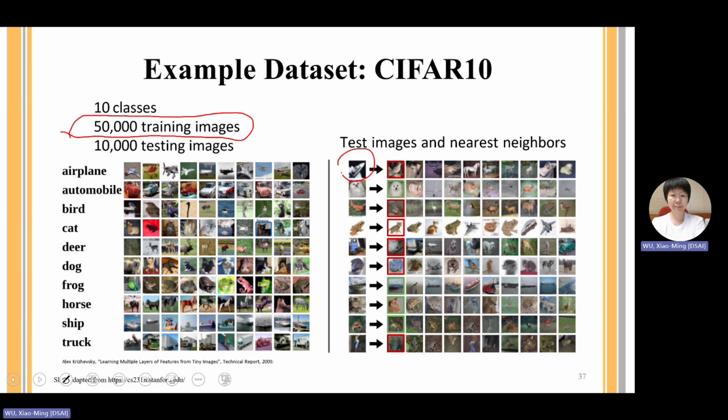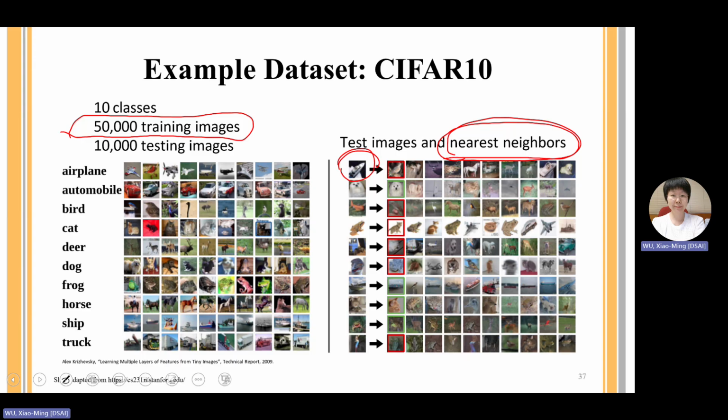Given one test image, how can we identify its nearest neighbors?